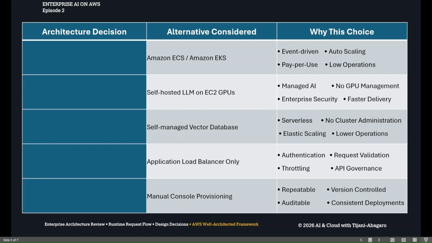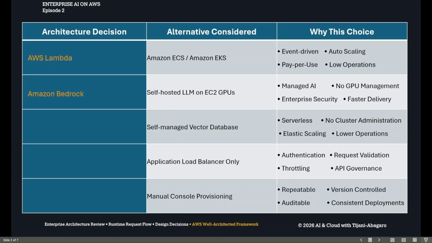For the compute layer, I evaluated Amazon ECS and Amazon EKS alongside AWS Lambda because this workload is event driven with unpredictable traffic. Lambda provided automatic scaling, pay per use pricing, and a significantly lower operational overhead.